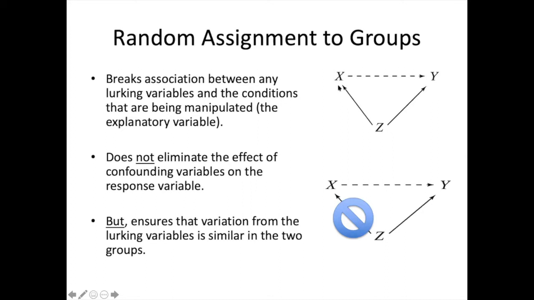Now, by experimentally manipulating x, we don't eliminate the effect of z on y, but we break apart this association between z and x. And this ensures then that variation from lurking variables is similar in our two experimental levels in our manipulation of this variable x.